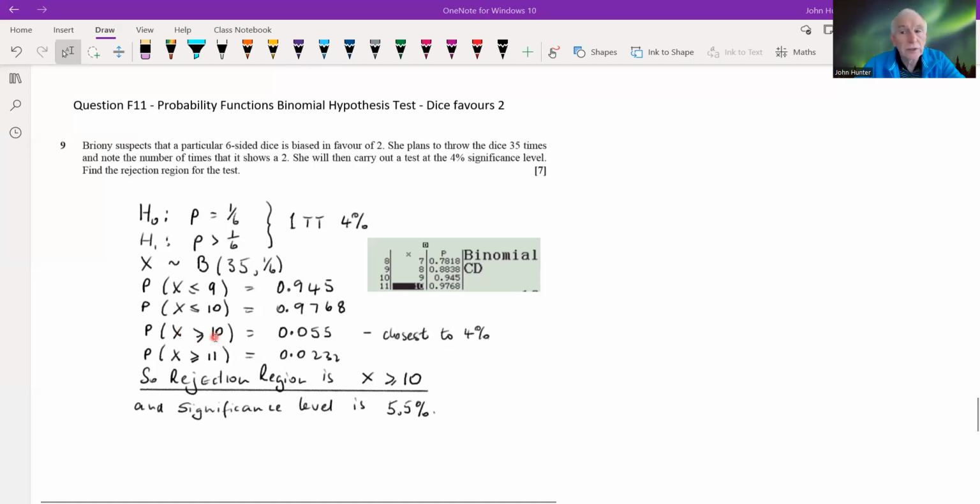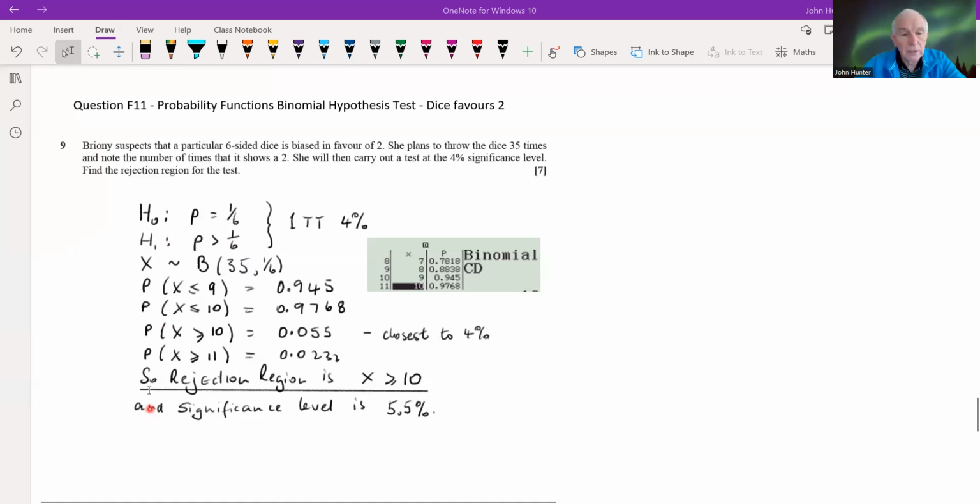So if we do our test and we get 11 or more 2s, then we are into the realms of something pretty unlikely, and unlikely enough to cause us to reject the null hypothesis and conclude that Bryony's suspicions are probably correct.